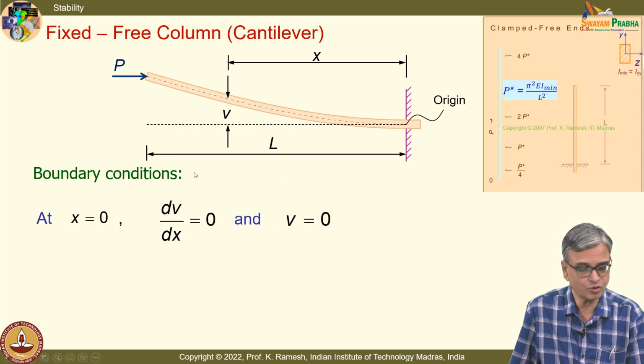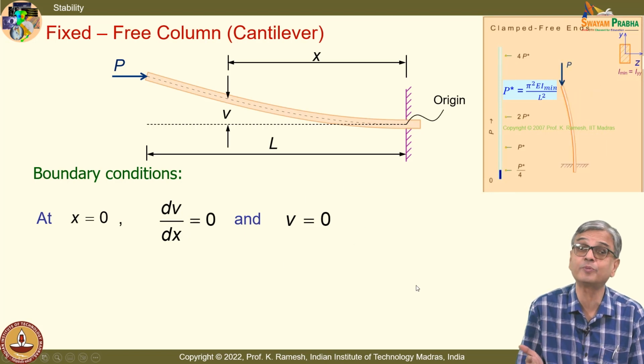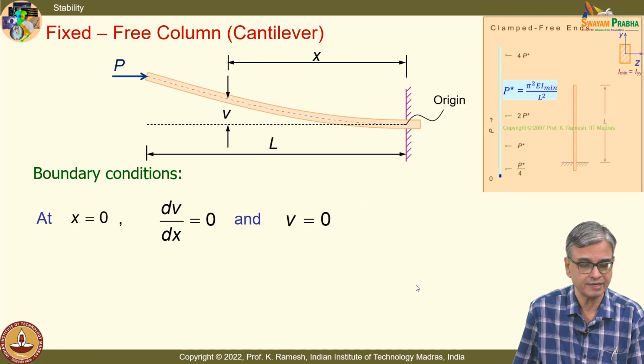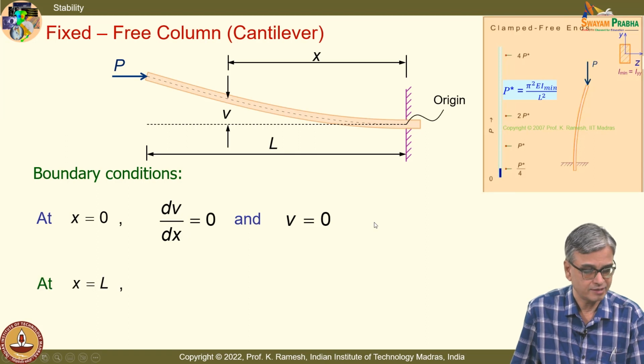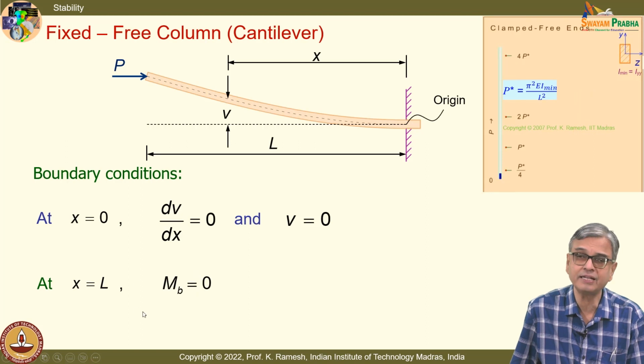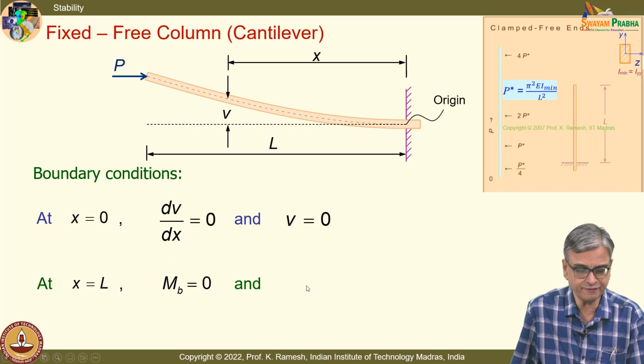These go to the deformation picture. We also have boundary conditions based on the equilibrium requirements. At x equal to L, can I have a shear force there? Can I have a bending moment there? The bending moment is 0, and the shear force is also 0.